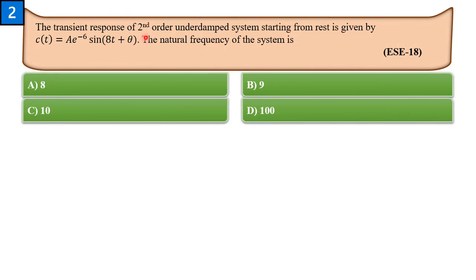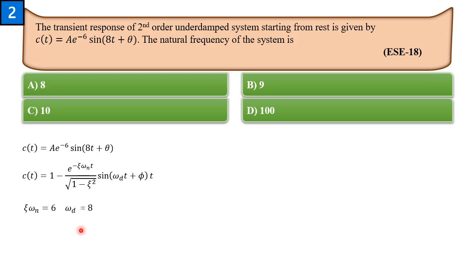The transient response of a second order underdamped system starting from rest is given by this equation. The natural frequency of the system is, meaning it is asking about omega n. So our given equation is this. We have to compare it with our final equation. Now, in place of zeta omega n we have 6, and in place of omega d we have 8.